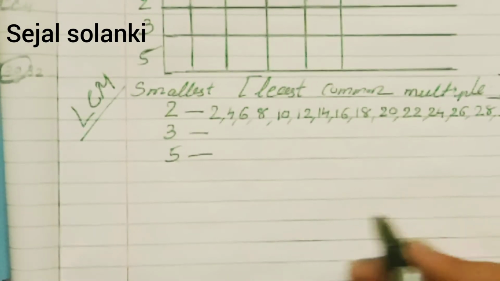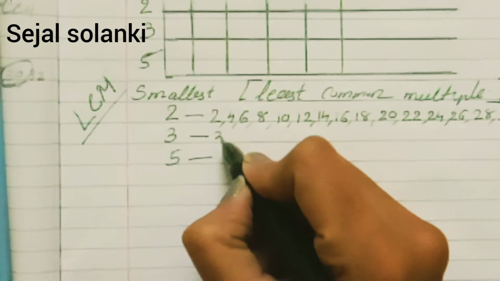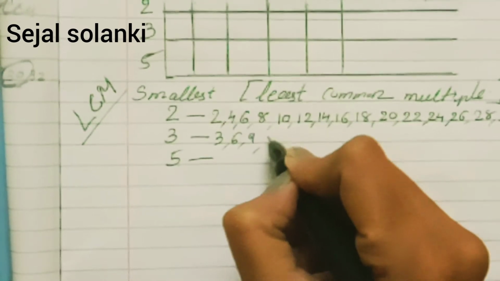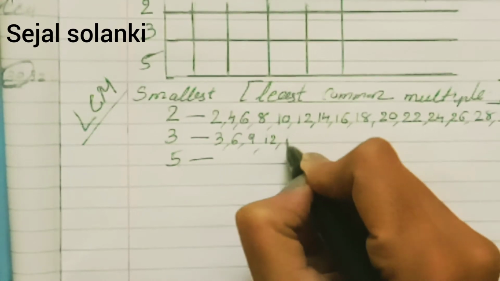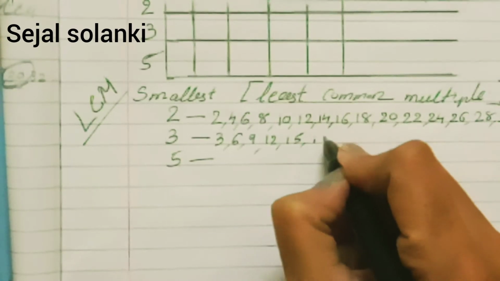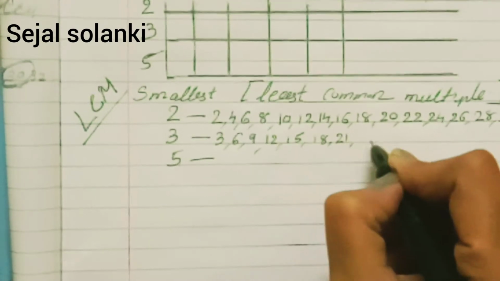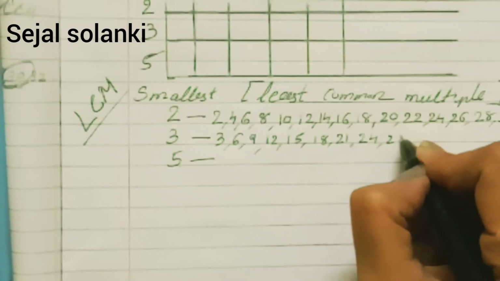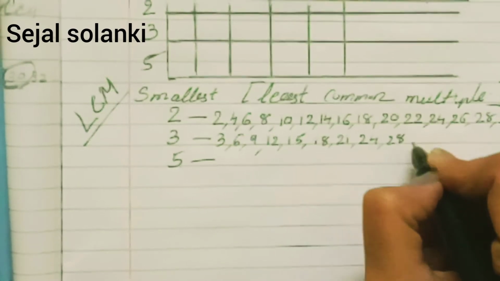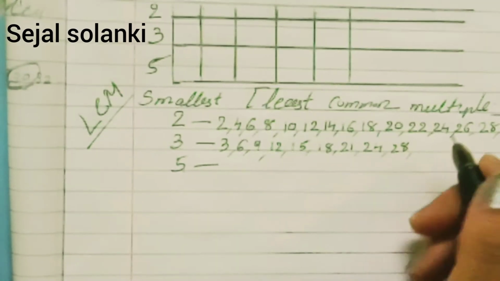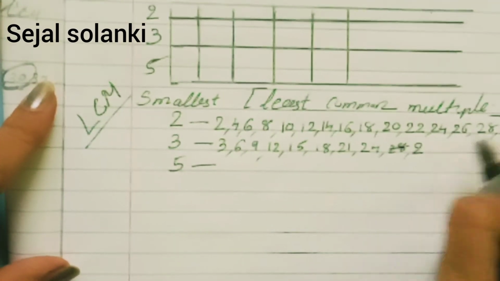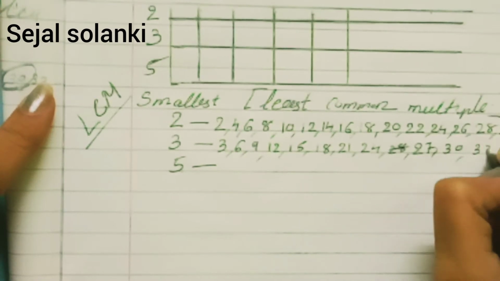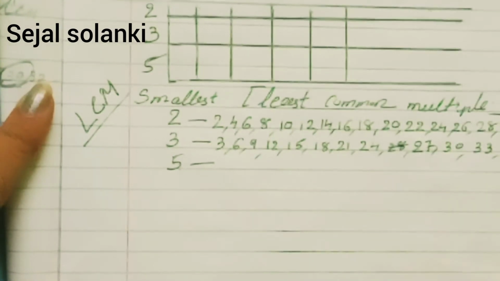Now let's write the multiples of 3. 3, 6, 9, 12, 15, 18, 21, 24, 27, 30, 33, 36 and so on.